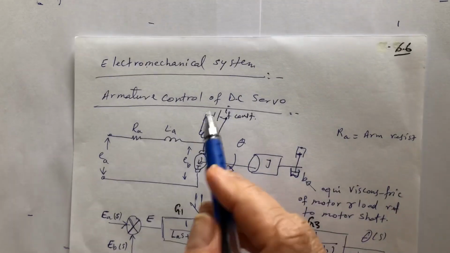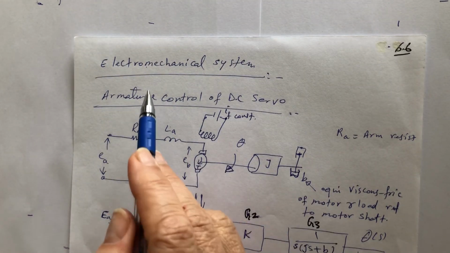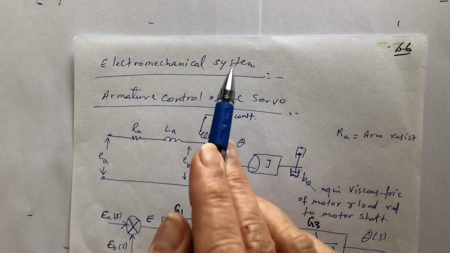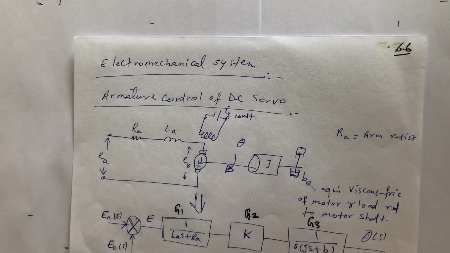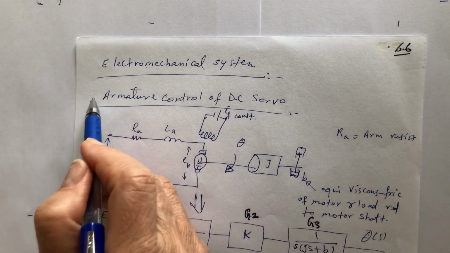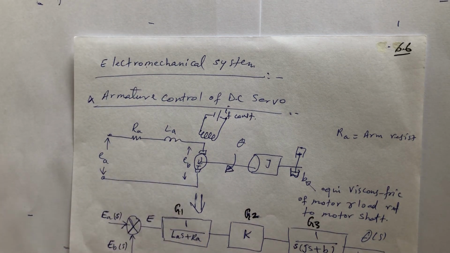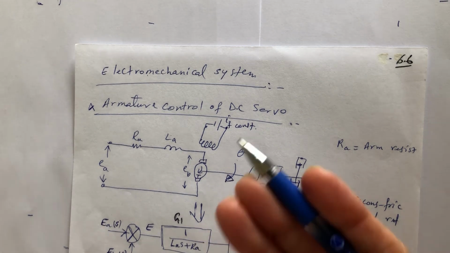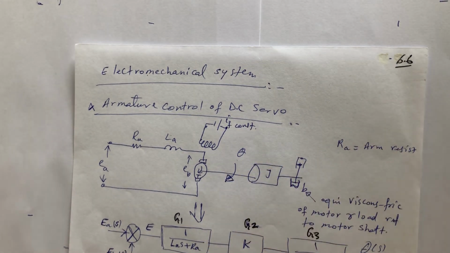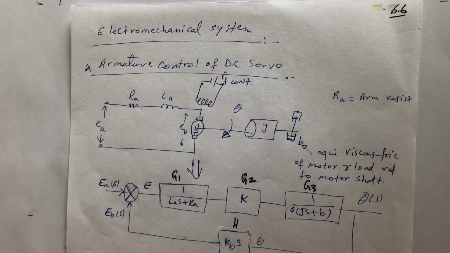The DC motor is called an electromechanical system because it consists of an electrical part and a mechanical part. We take the armature control type. We have field controlled and armature controlled. Armature controlled is easier to control, and we can approximate it as a second order system, and then it's manageable.